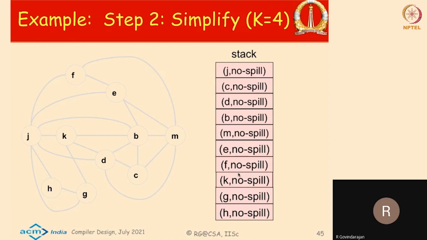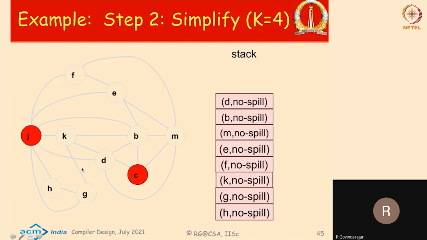So on the top of the stack, we have J. So let's color J first with some color, let's say red. Then after that, I have to color C. The node C is over here, and it has no edges to J. Therefore, it can also be given the same color, because J and C do not have any edges between them, so they can be given the same color.